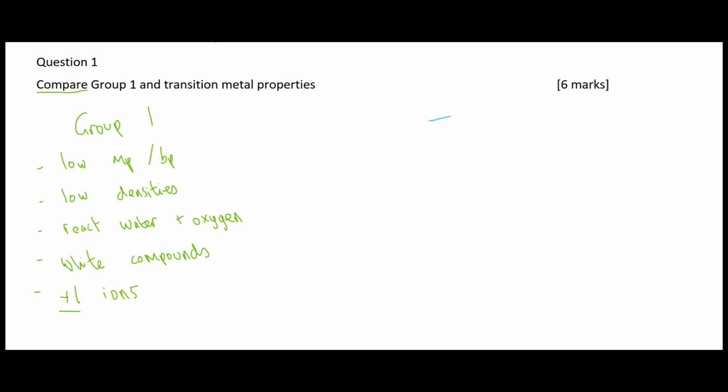Now, if we compare this to the transition metals, remember transition metals are in the center of the periodic table. Well, transition metals typically have a higher melting point and boiling point. Their densities are quite high.